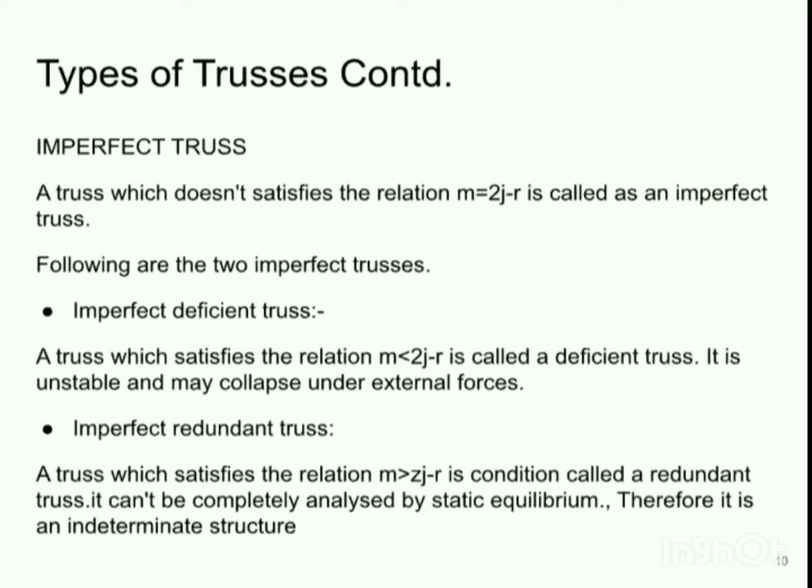A truss which satisfies the relation m greater than 2j minus r is called a redundant truss. It cannot be analyzed by using the static equilibrium. That means more than three conditions of equilibrium will be required for analyzing such a truss. Therefore it is called an indeterminate structure or a redundant truss.